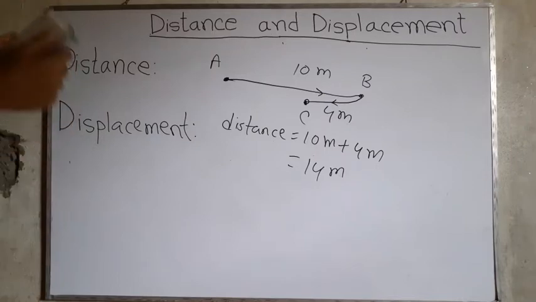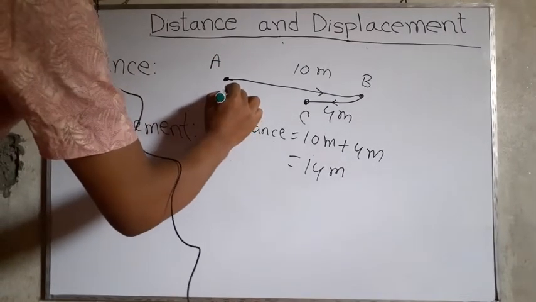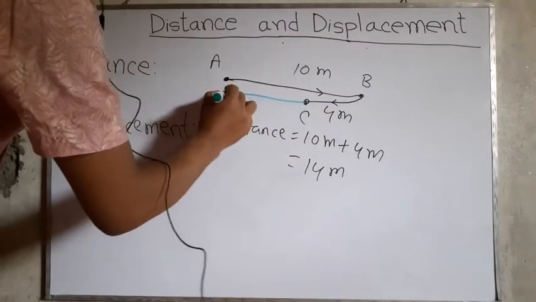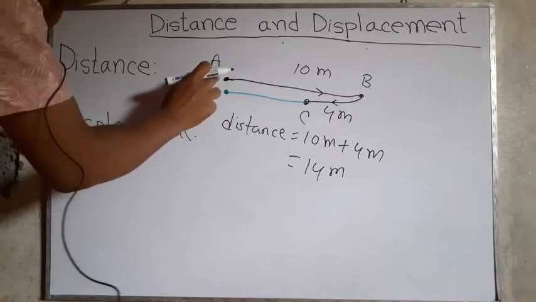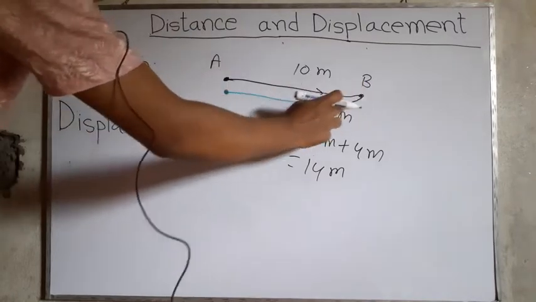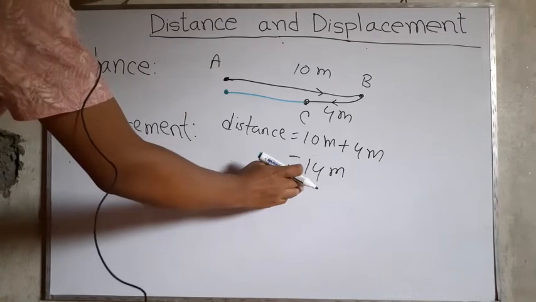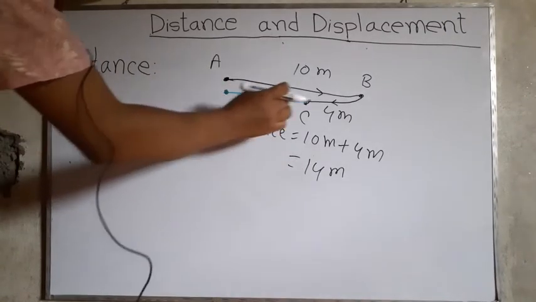Your displacement is the direct distance from initial to final, that is the direct distance from initial position A to final position C. The total length of the path, 10 meter plus 4 meter, is equal to 14 meter. It is your distance, but your displacement is from A to C.